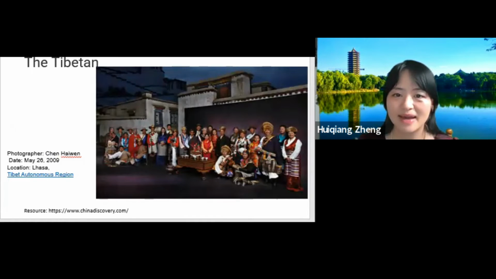What elements make the costume of Tibetan people unique? They are colors and the style. This reflects their lives in Tibet. Traditional Tibetan clothing for men and women consists of a robe and a shirt.